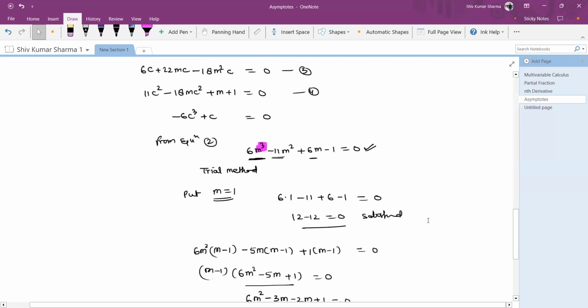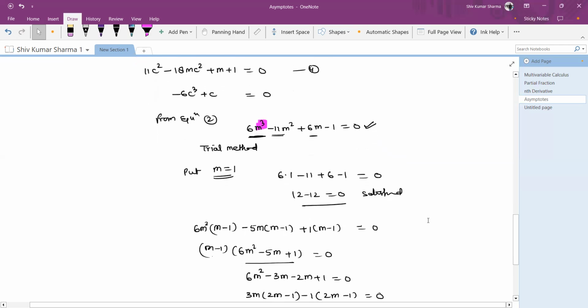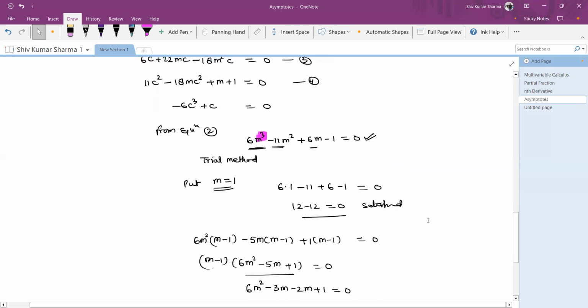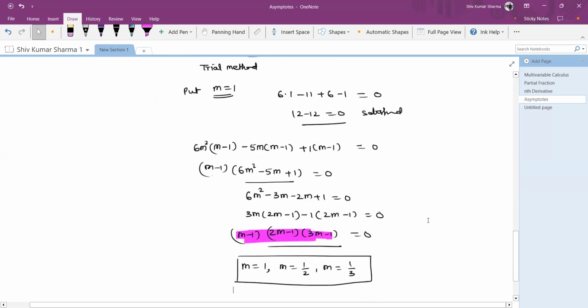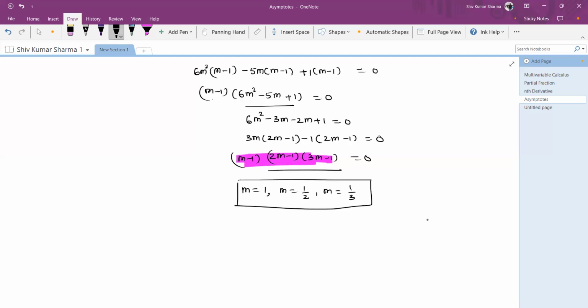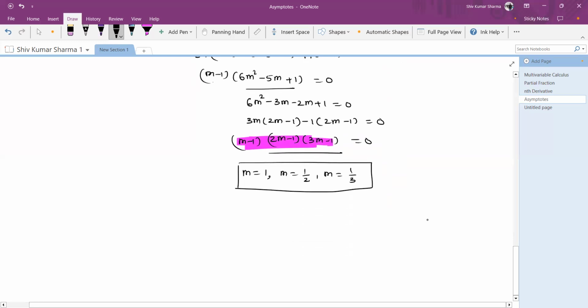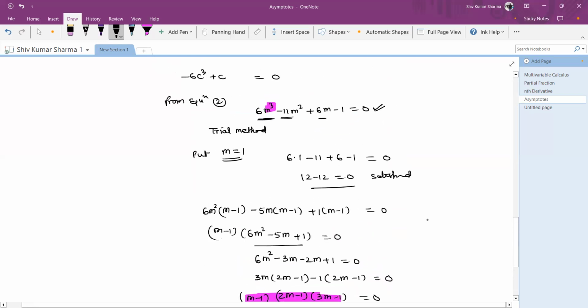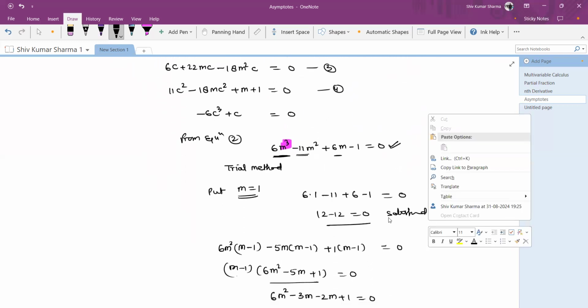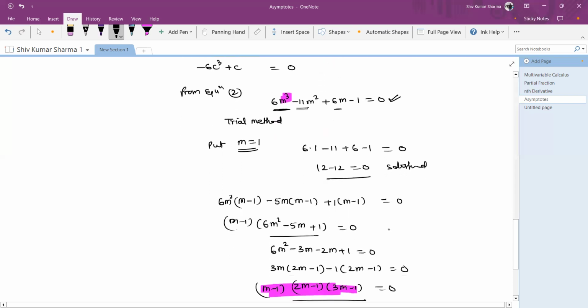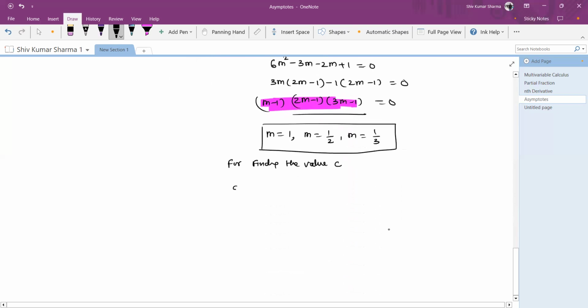Now, for finding the value of C, we can write down as C, we can take as common.